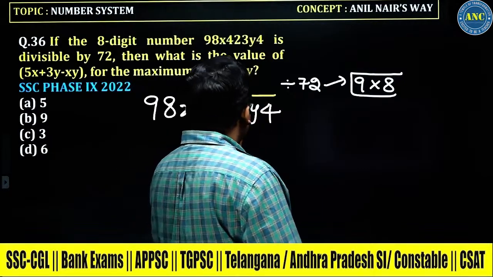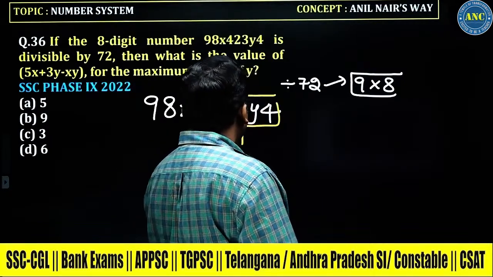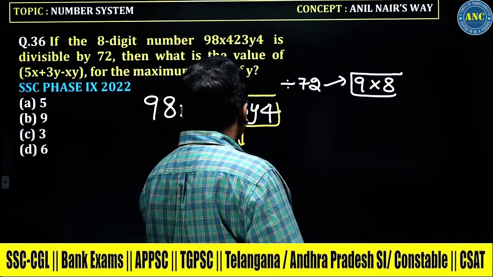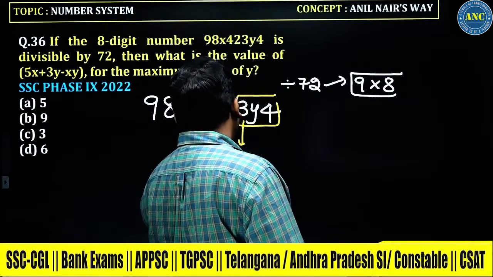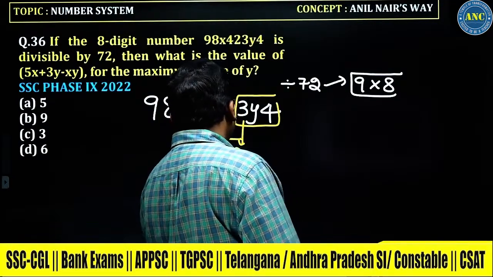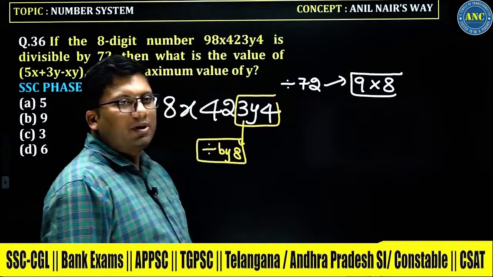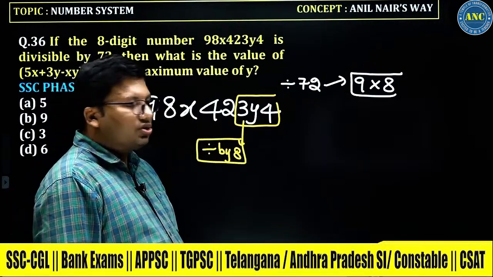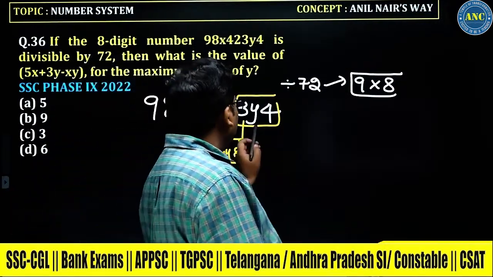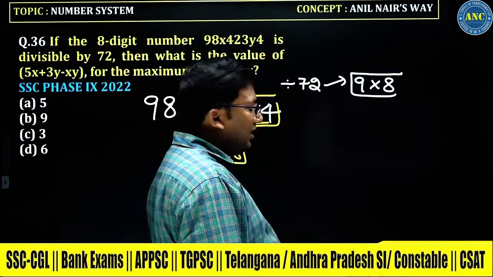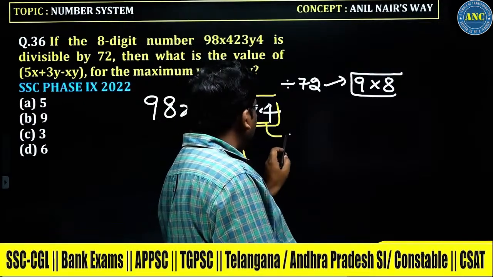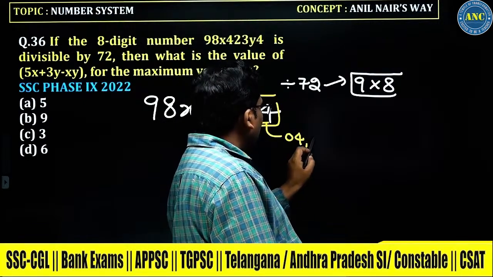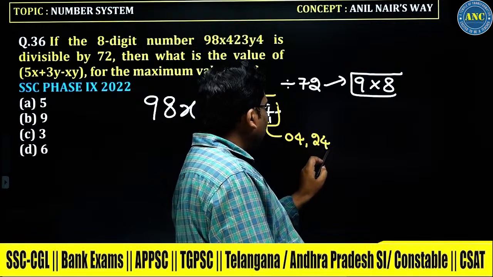The divisibility rule of 8 is that the last 3 digits should be divisible by 8. For it to be divisible by 8, it should first be divisible by 4, so the last 2 digits should be divisible by 4.